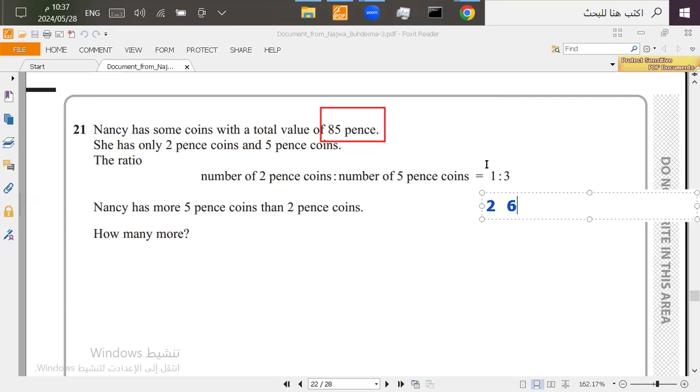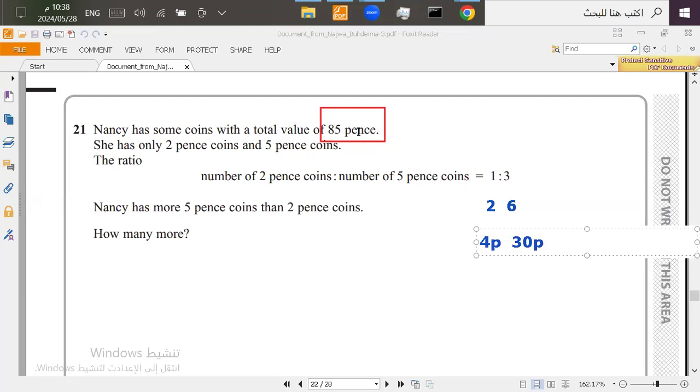This ratio is what we use to find the number of pence. If I have 2 coins of 2 pence, I have 4 pence, and 6 coins of 5 pence means 6 times 5, which is 30 pence. When you add these together, you get 34.